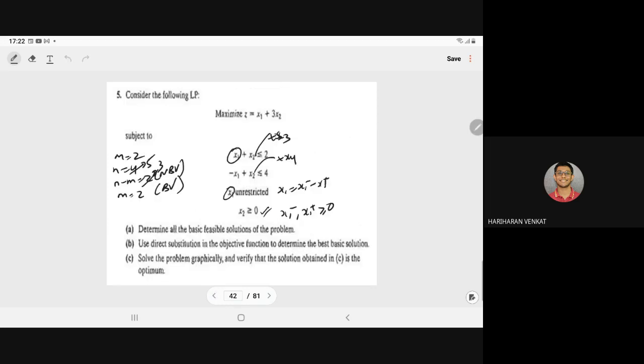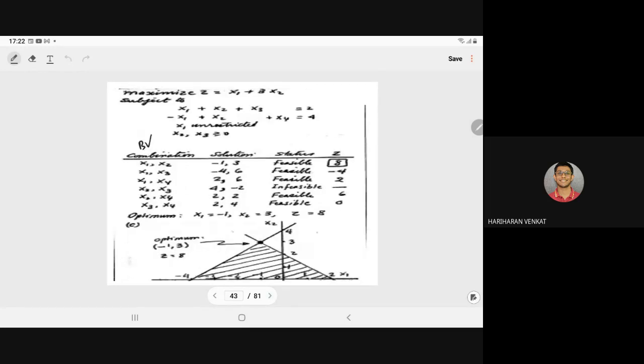There is one thing given to you: x1 is unrestricted. So when x1 is unrestricted, you compute, and if x1 is coming negative, then also it is feasible, because x1 is given as unrestricted in sign. But x2 is given as non-negative, it cannot come negative. That's why here we have the infeasible solution.